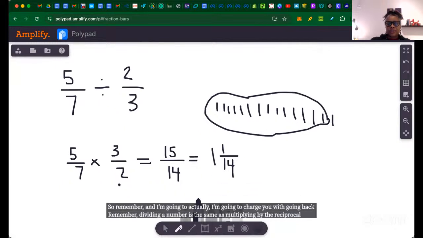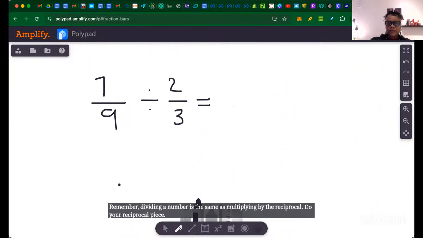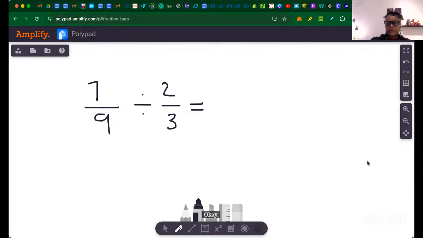Do your reciprocal piece. Okay, so we write 7/9 first. And then what? What do I write right here? What's after that?